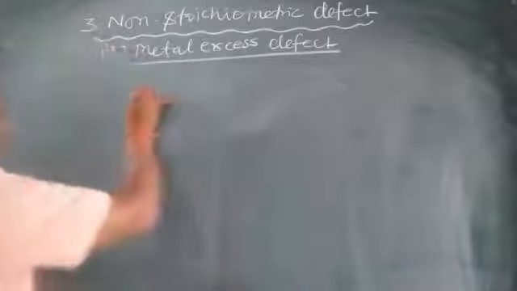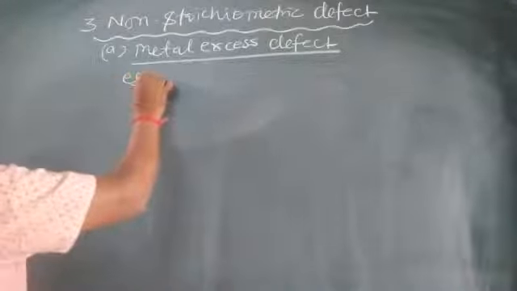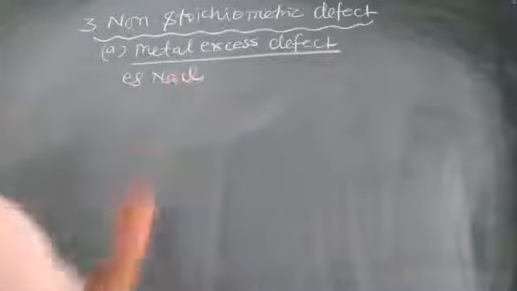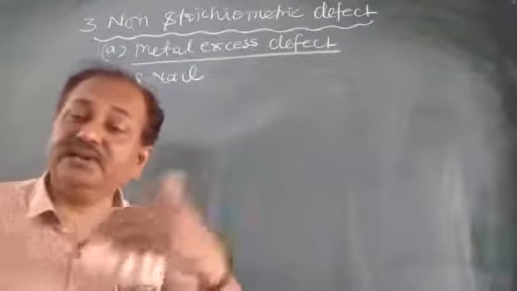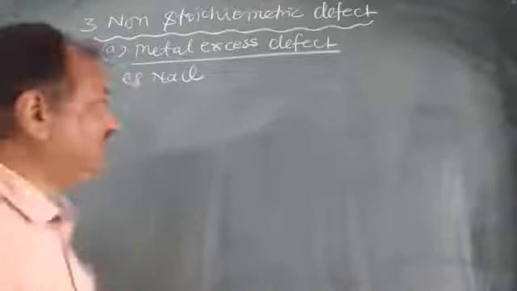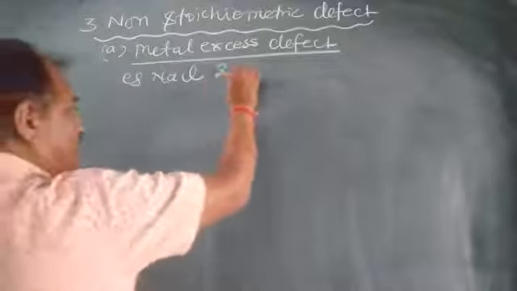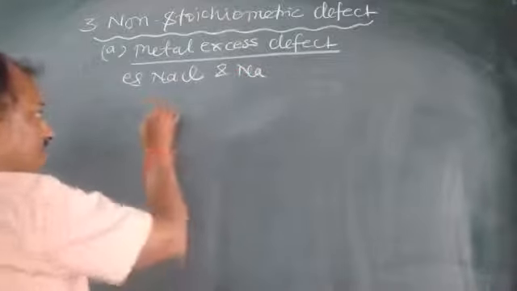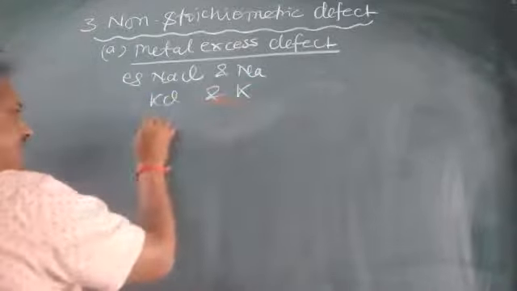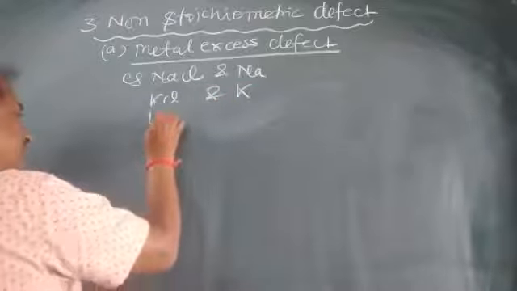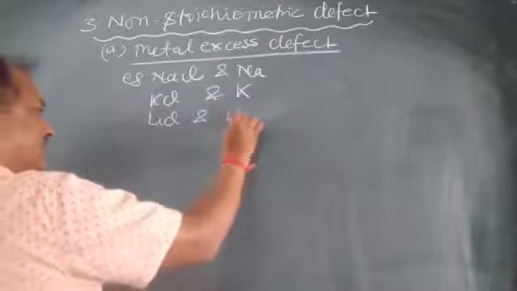For example, if we take any alkali metal halide, preferably we take the colloids because colloids are moderately stable. So NaCl and sodium vapors, or KCl and K, and lithium fluoride and lithium.